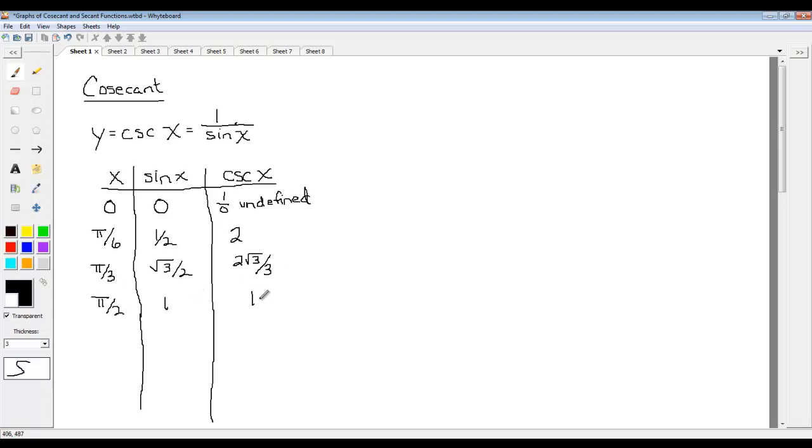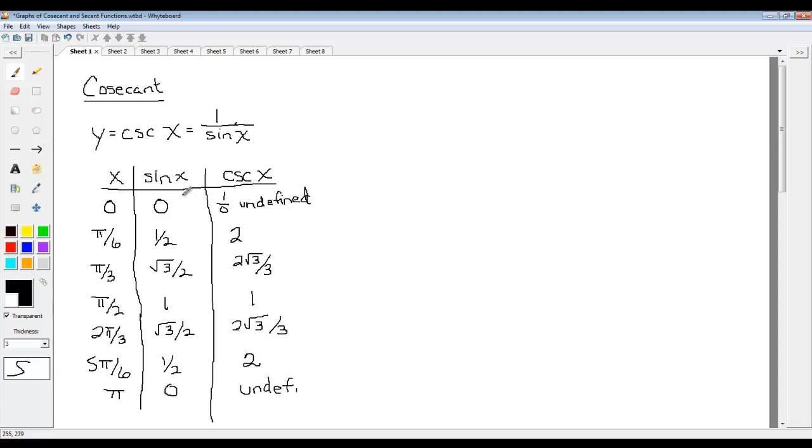Reciprocal of that is 1. For 2 pi over 3, sine is square root of 3 over 2. Reciprocal of that is 2 square roots of 3 over 3. For 5 pi over 6, the sine is 1/2. The reciprocal for that is 2. Okay, so far, then we get to pi. Sine is 0. Cosecant is going to be undefined.